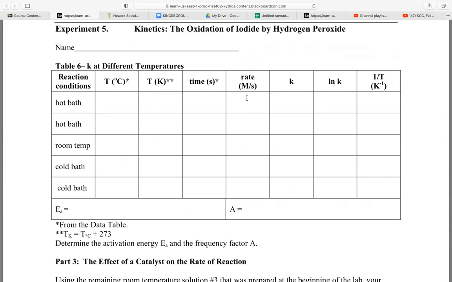And then from the rates, you calculate the rate constant, just like I just went over, at these different temperatures. Then you take the natural log of that. So you'll have 5 natural logs of K and 5 values of 1 over temperature. So that's 5 points.